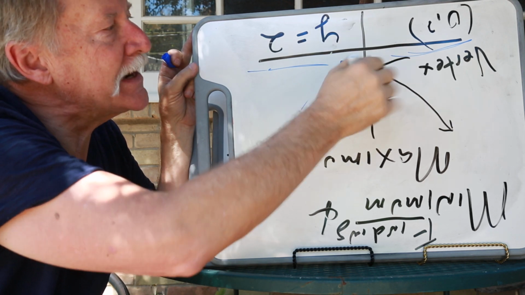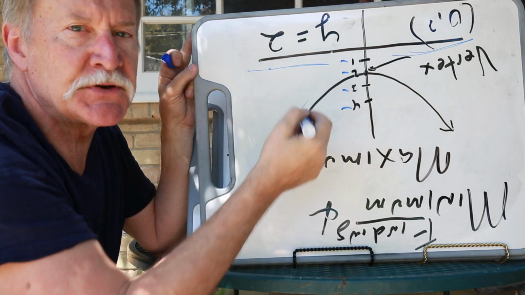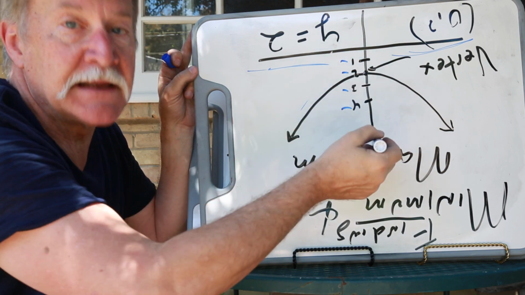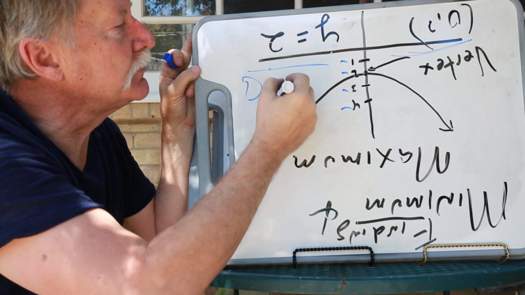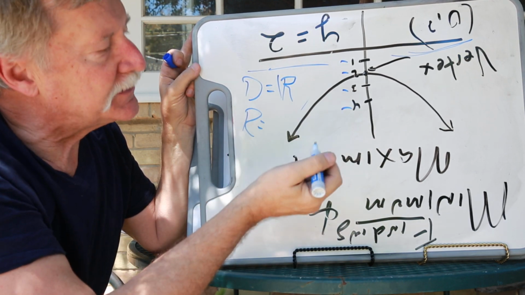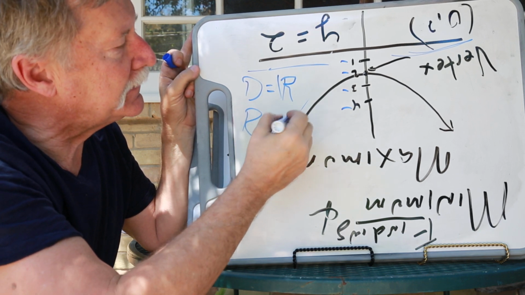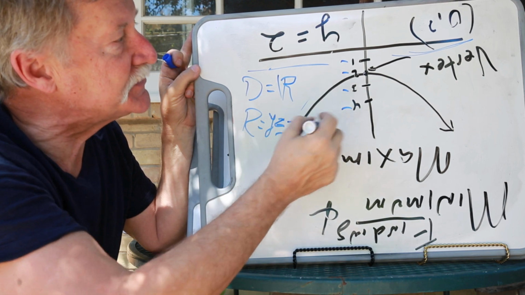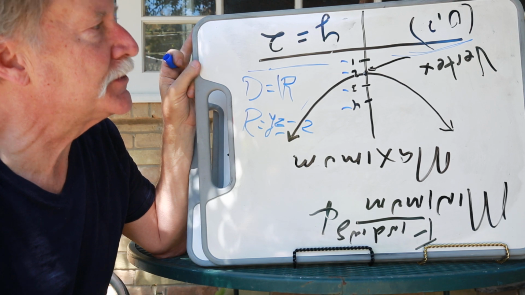In other words, the range says that for this to be on the graph of this particular function, it would have to be minus 2 or less. So we would say that the domain is equal to all real numbers, and the range is equal to y is less than or equal to minus 2.